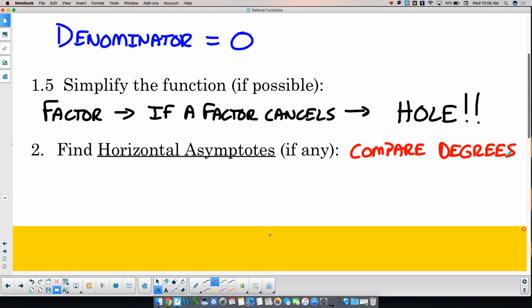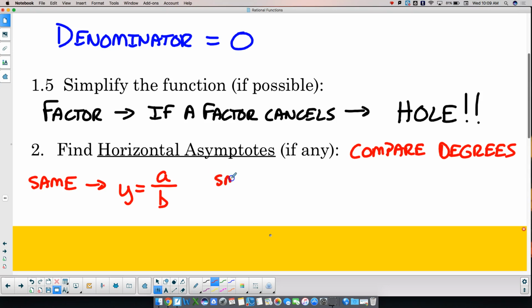Big over small, small over big, and the same. If they're the same, then what? And where do I get A and B from? Lead coefficient of the numerator, lead coefficient of the denominator. Great. Okay, so that's that one.